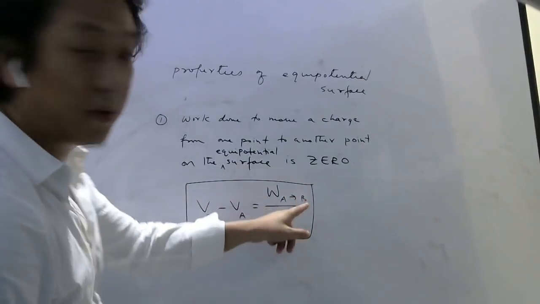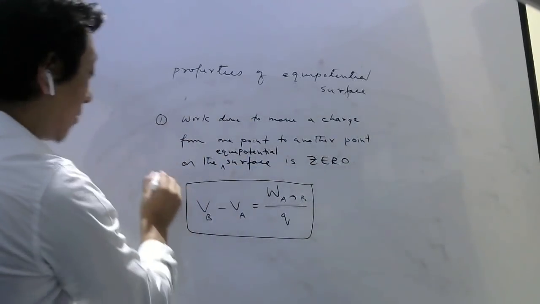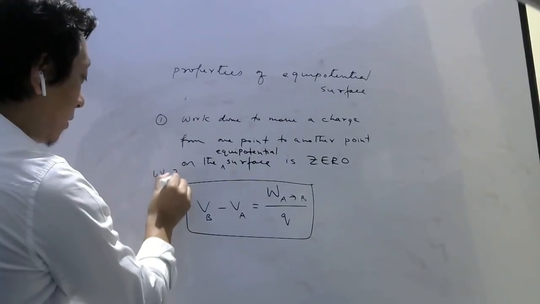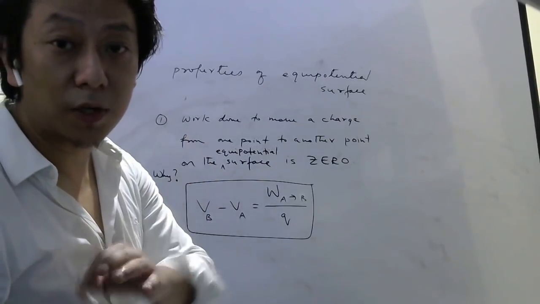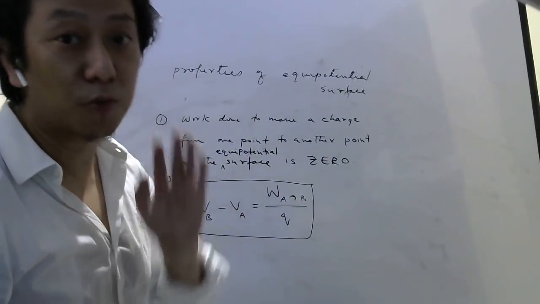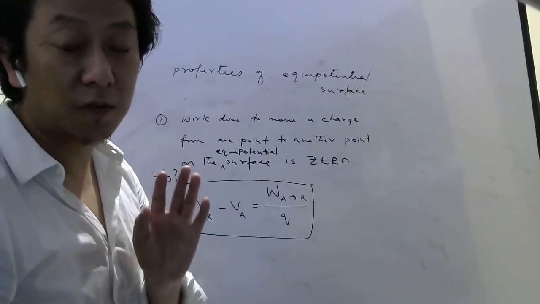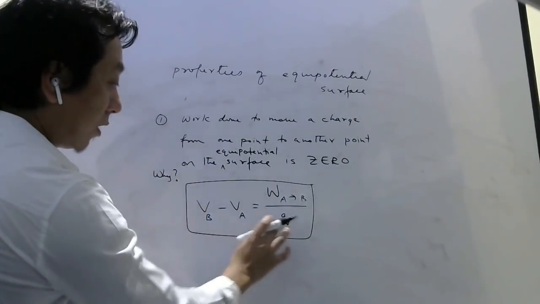If you write this much in the exam, it is enough. I am giving you the reason now. Why will work done be zero if you move a charge from one point on an equipotential surface to another point on the same equipotential surface? Because work done is given by this formula if you cross multiply.